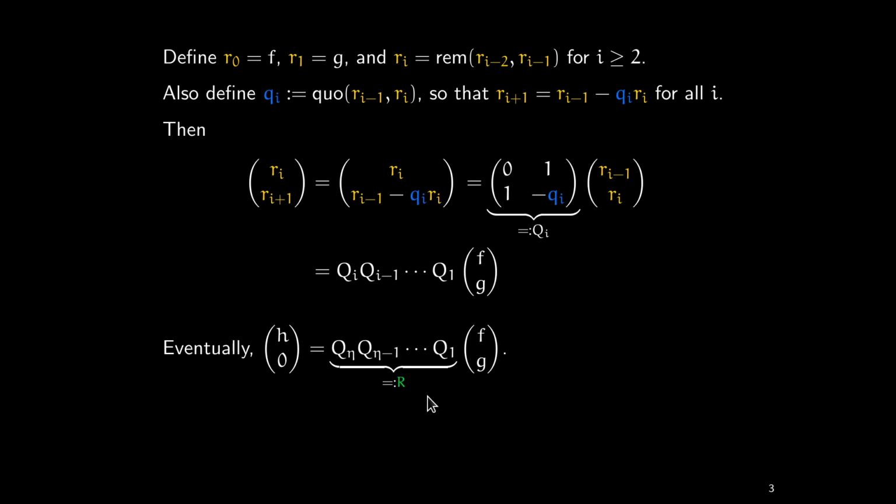We will see that we can compute this product of the Q's in a divide and conquer manner. We will compute first the first half of these Q's recursively somehow, and then we compute the second half of these Q's, and then the product of these two matrices will give R. The first half and the second half will be computed recursively.